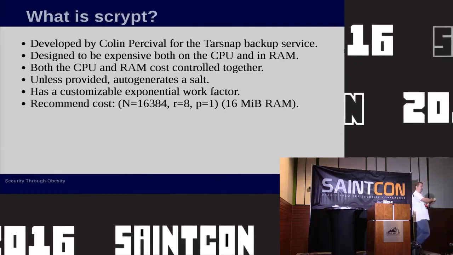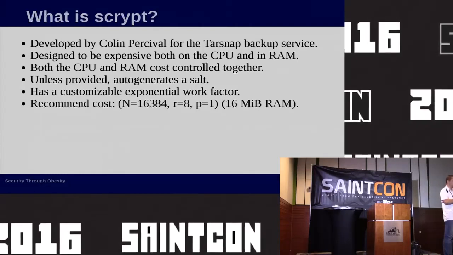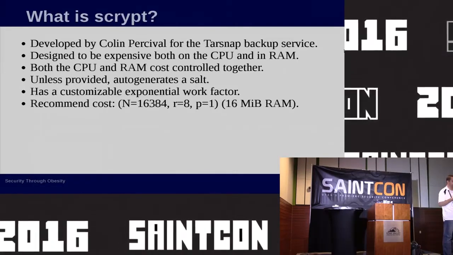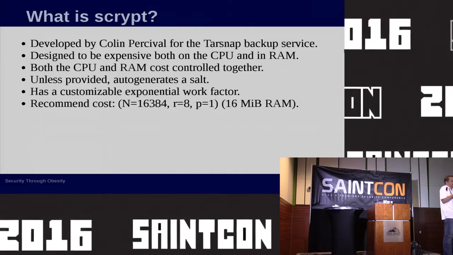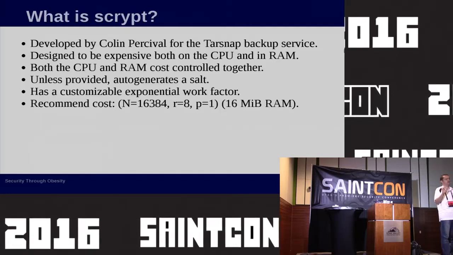So I can customize not only the CPU work factor, but the RAM work factor. And Colin recommends that the result is 16 megabytes of RAM. Unfortunately, I can't fine-tune the CPU cost versus the RAM cost.